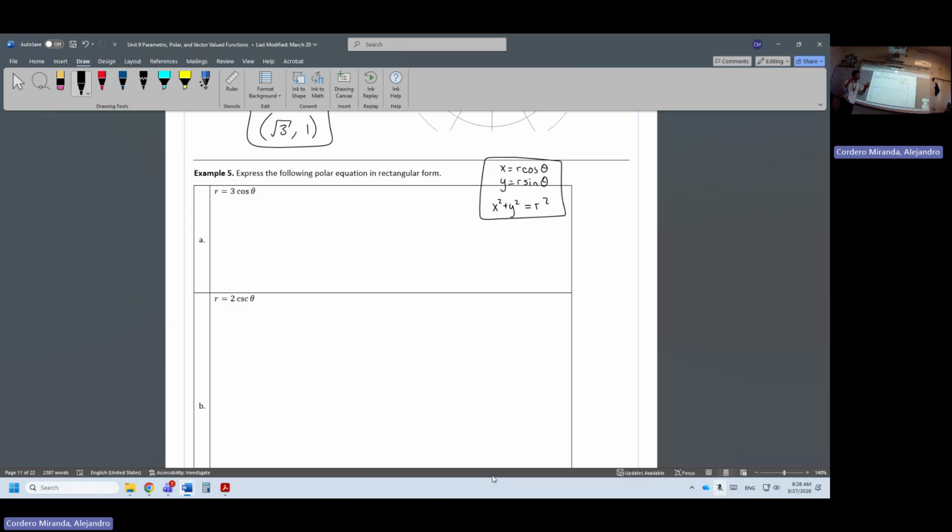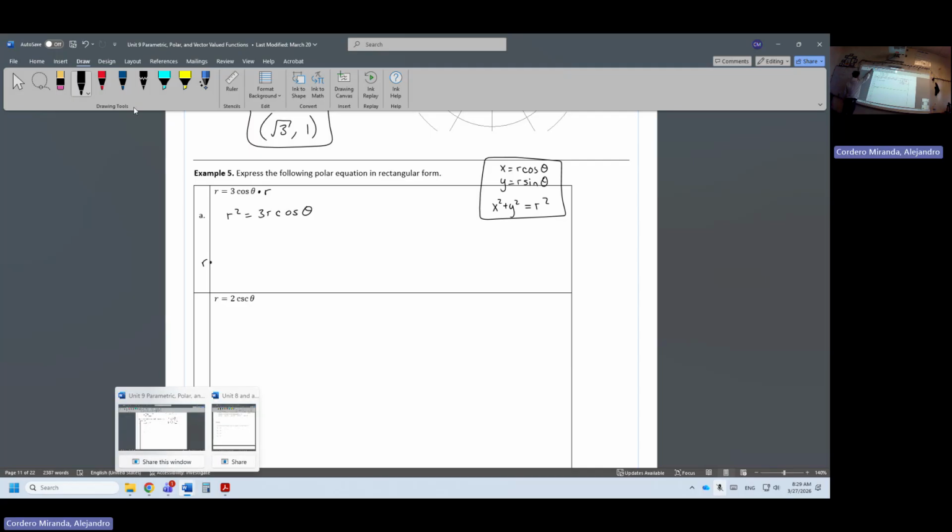But the trick is usually, like I said, force one of these to be in there. If I see 3 times cosine of theta there, oh well, if that just had a little r in front of it, then I know that this is x. So if I just multiply myself by r on both sides, okay, that's me multiplying by r on both sides. Then on the left, I get r squared equals 3r cosine of theta.